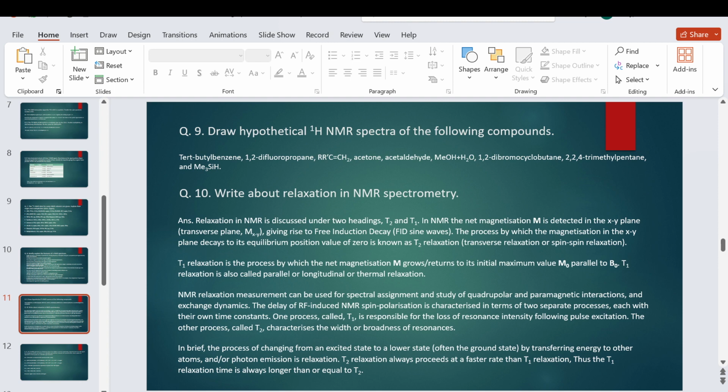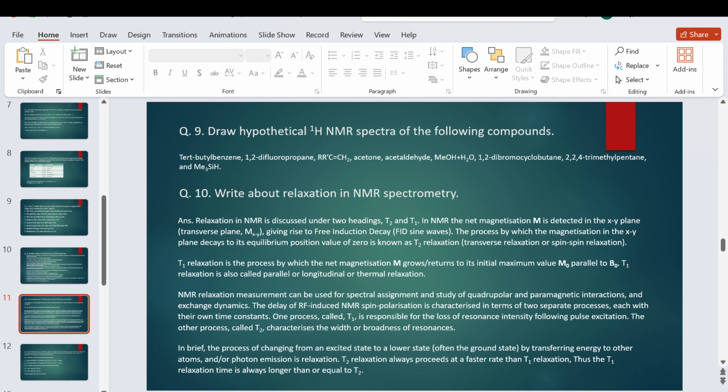The decay of radio frequency induced NMR spin polarization is characterized in terms of two separate processes, each with their own time constants. One process called T1 is responsible for the loss of resonance intensity following pulse excitation. The other process called T2 characterizes the width or broadness of the signal.